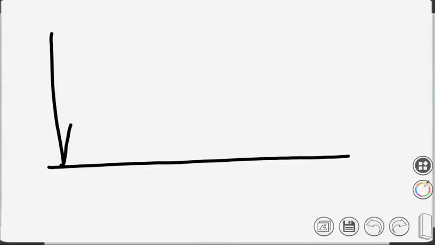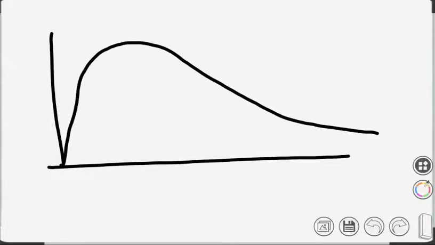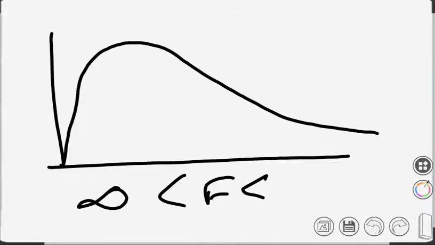F is a similar kind of distribution to the chi-square distribution. F is a statistic which lies from 0 to infinity, and it is also not symmetric.